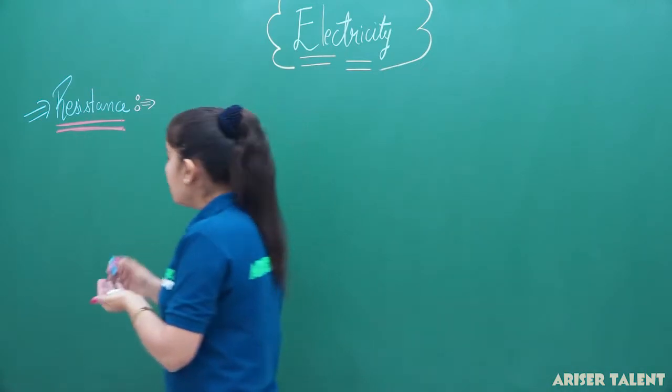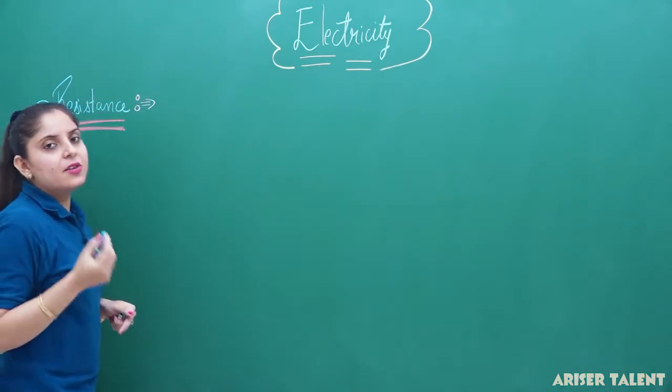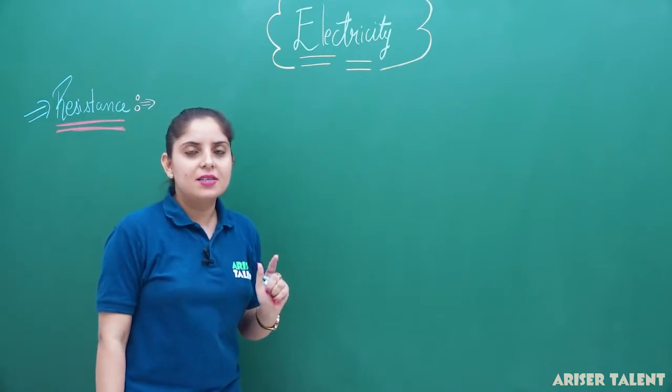Now resistance basically is a ratio of V upon I that we have discussed in the Ohm's law.